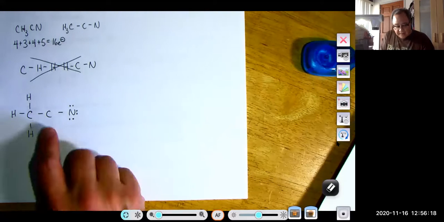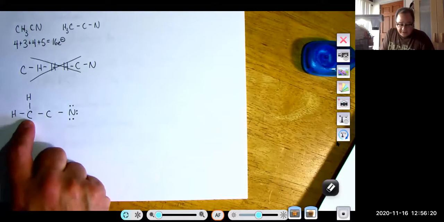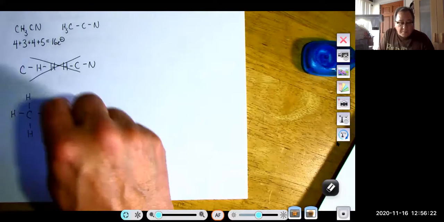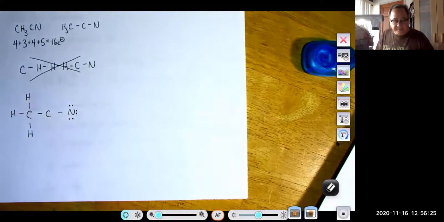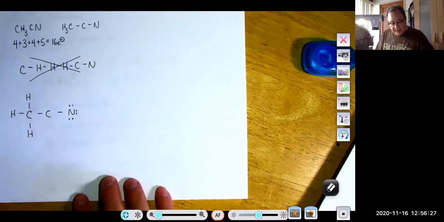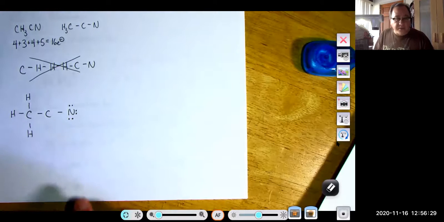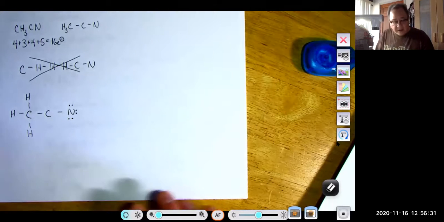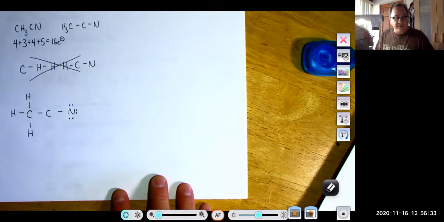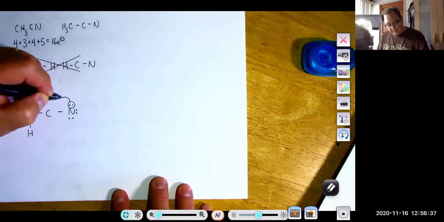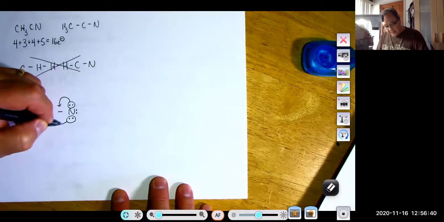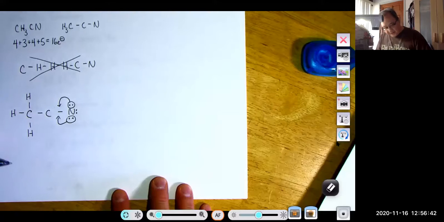So this is a middle atom, this is a middle atom, but this middle atom's good. But you put the lone pairs on the surrounding atom. All right. Now let's evaluate. We want carbon to always have an octet. Does it have an octet here? No. So how do we make an octet? We're going to take these two and make a bond, and these two and make a bond, and this now becomes this.